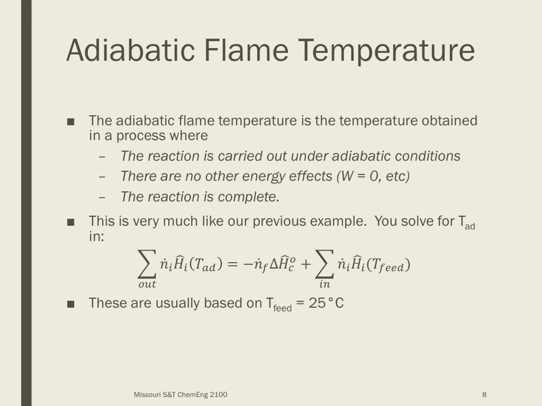You can go on YouTube and find several of these. I even have a couple of them posted. These usually have to be solved using something like Excel. They're not going to be easy to do by hand. But this is an adiabatic flame temperature, and it gives us kind of what is the hottest that I would expect this fire to burn, which is a very useful piece of information when you're talking about a fuel.